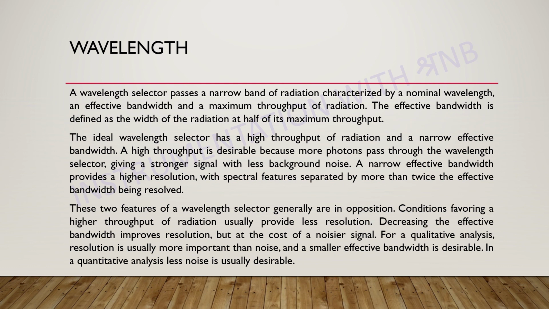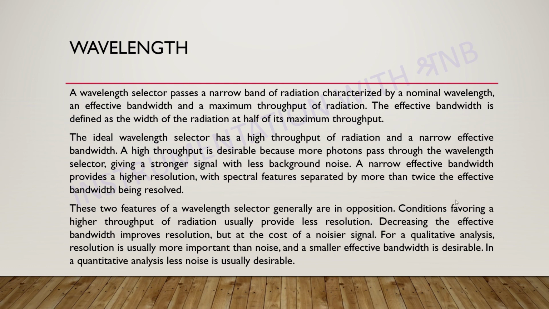A wavelength selector passes a narrow band of radiation characterized by a nominal wavelength, an effective bandwidth, and a maximum throughput of radiation. The effective bandwidth is defined as the width of the radiation, like for example, I was saying 300 to 400 nanometer.